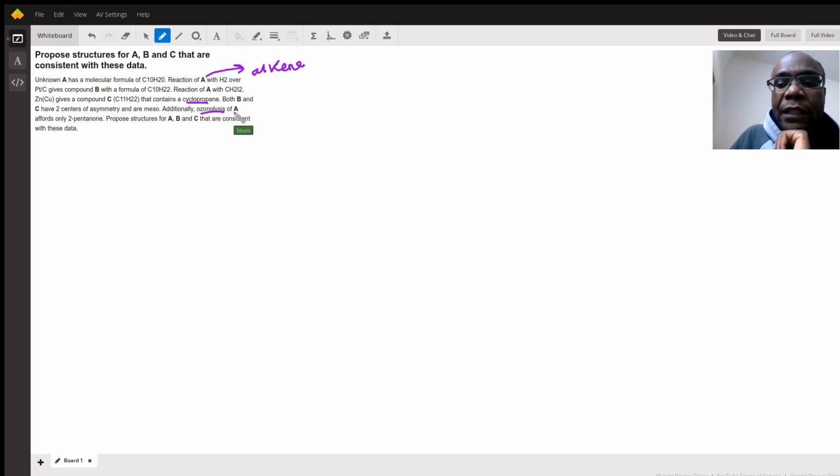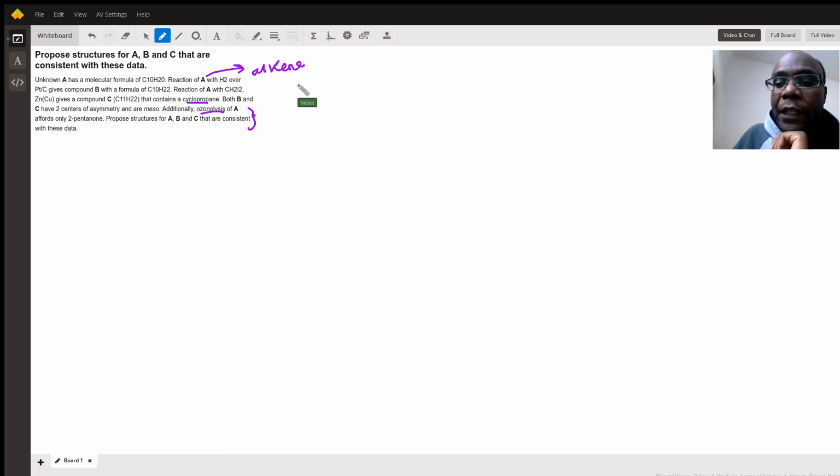Additionally, ozonolysis, which is the breaking down of the double bond of A, affords a ketone, 2-pentanone. Propose the structures of A, B, and C. So how are we going to approach this? I'm going to use the last information to nail it down.